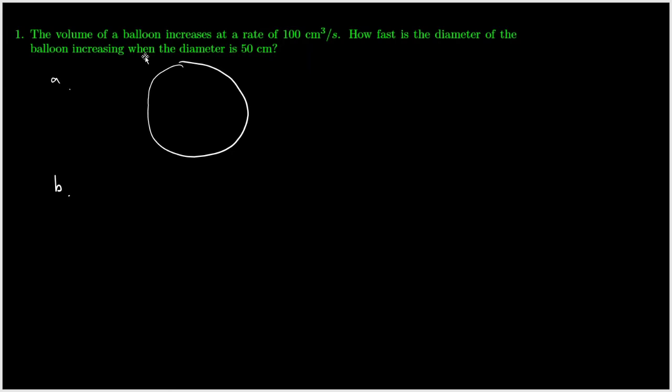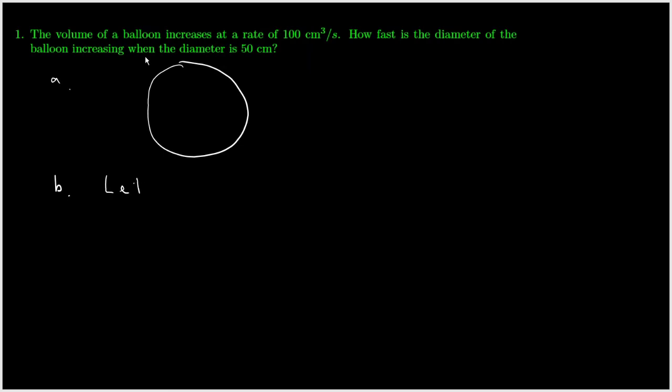It's increasing with respect to time t, right? And the diameter also changes in terms of t. I mean, the volume can be treated as a function of t. The diameter is also a function of t. So we're going to use two letters to denote the two quantities. One quantity is the quantity for which we were given the rate of change. The other quantity is the quantity for which we are looking for the rate of change.